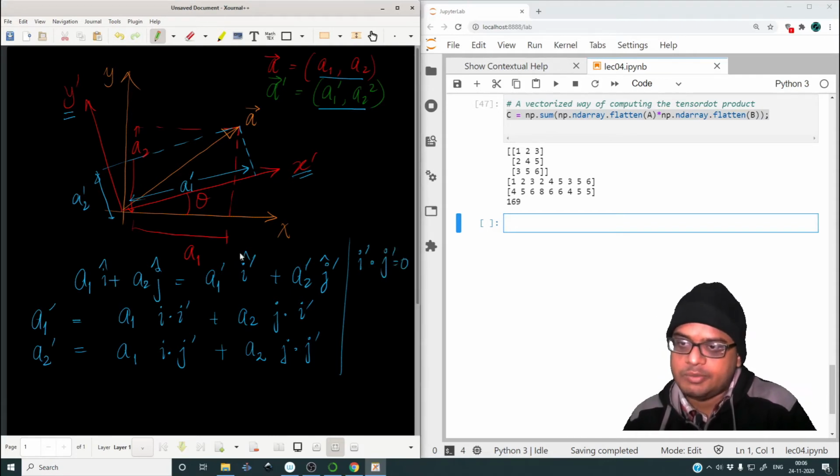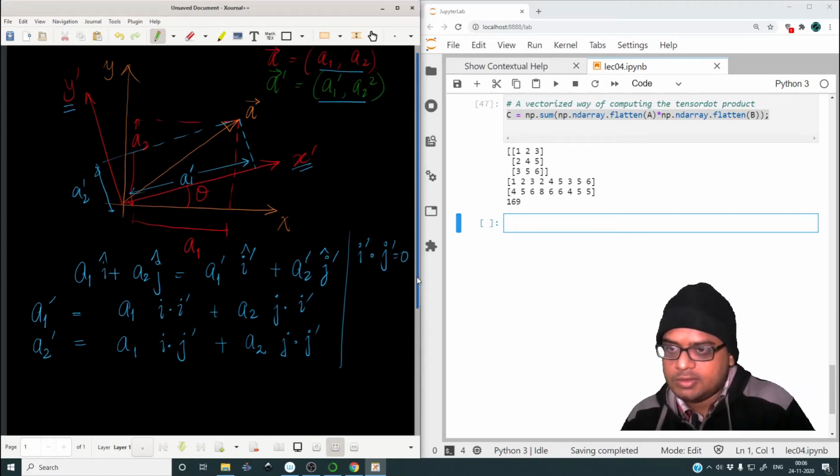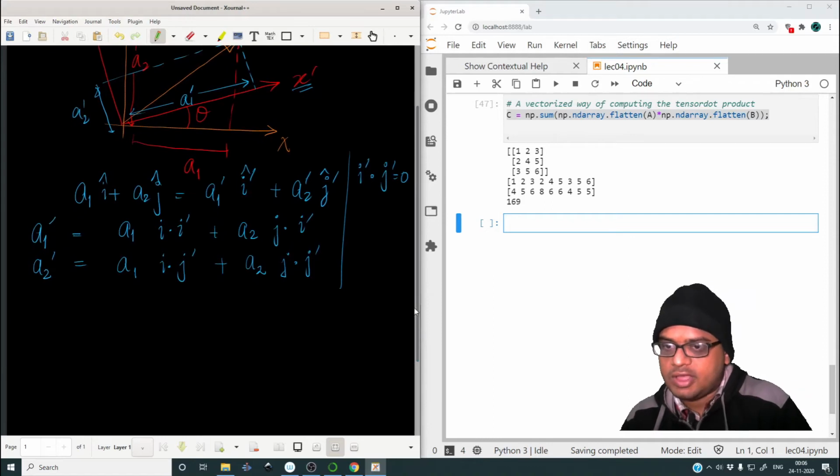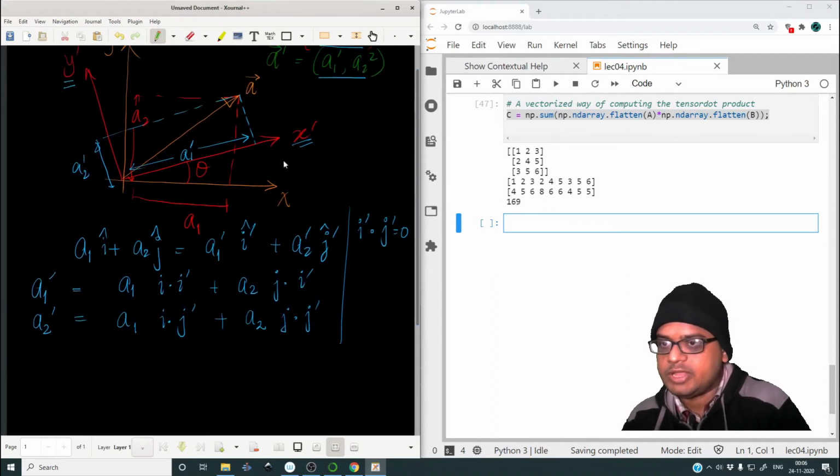That is, i prime and j prime are orthogonal. Alright, so what is i dot i prime? i dot i prime is the angle between this unit vector and this unit vector, that is cos theta.